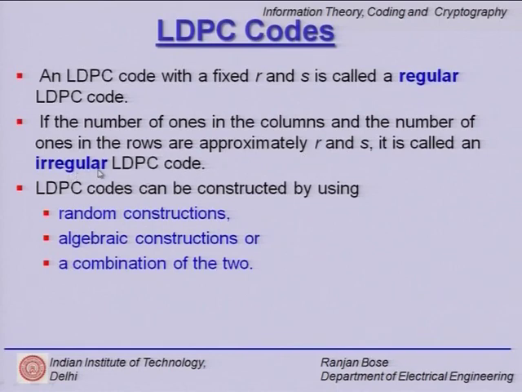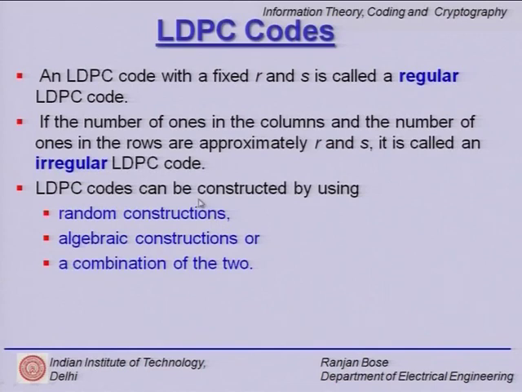LDPC codes can be constructed by using either a random construction or an algebraic construction or a combination of the two. So, I can choose any of these techniques or combine them to form my LDPC codes.